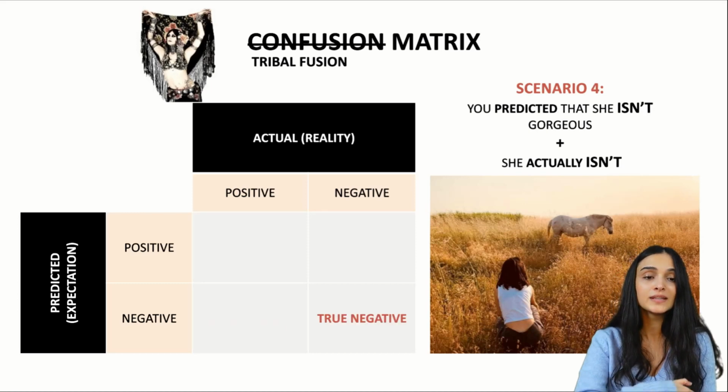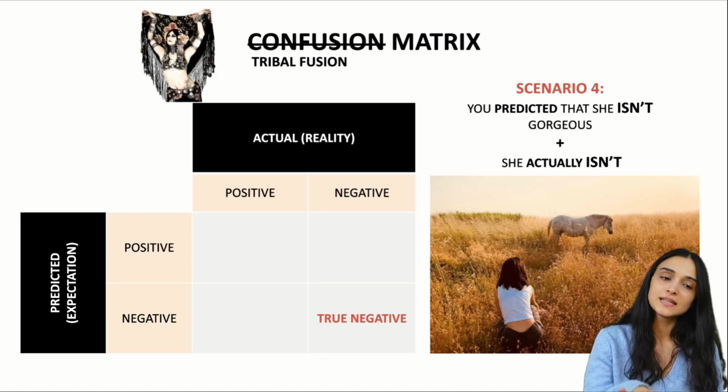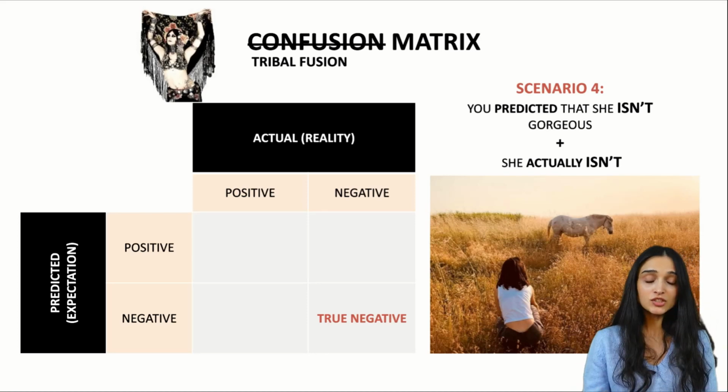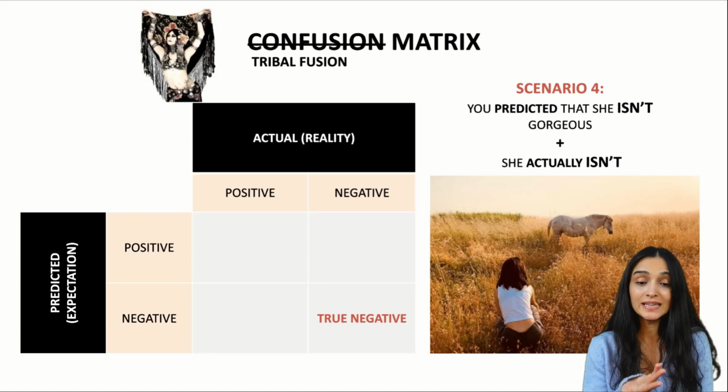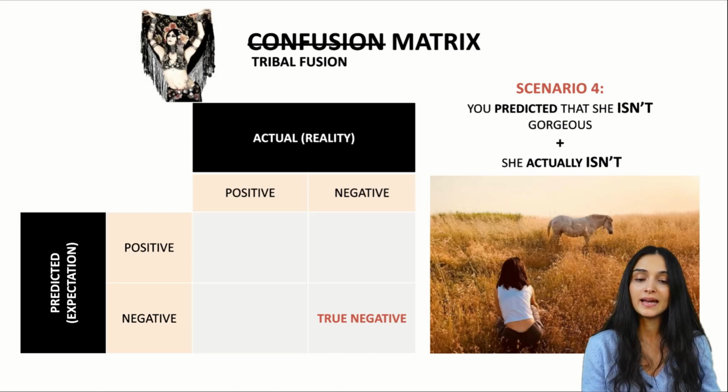And when we come to the last scenario, you predicted that she isn't gorgeous. Okay, and then she turns around and she actually isn't, and this is true. So you assigned her a negative value and you predicted that it's negative, and it turned out negative, which gives you a true negative. Your prediction was actually true.